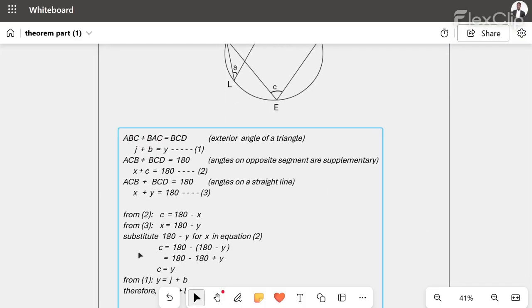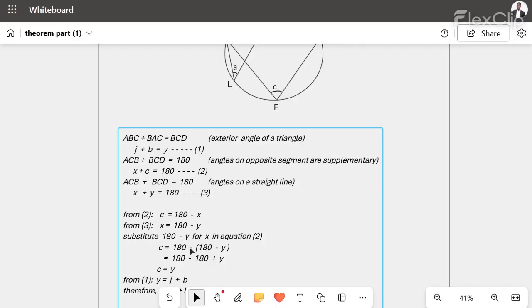Now, from equation 2, angle C is equal to 180 minus x. And from equation 3, angle x is equal to 180 minus y. If you rearrange this equation, it's going to look like this. Now, substitute 180 minus y for x in equation 2. If you do that, your equation will look like this.